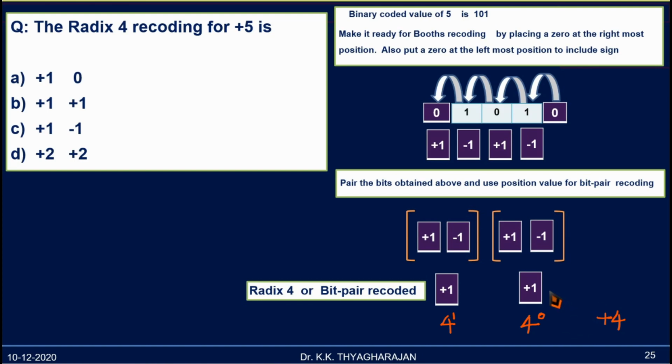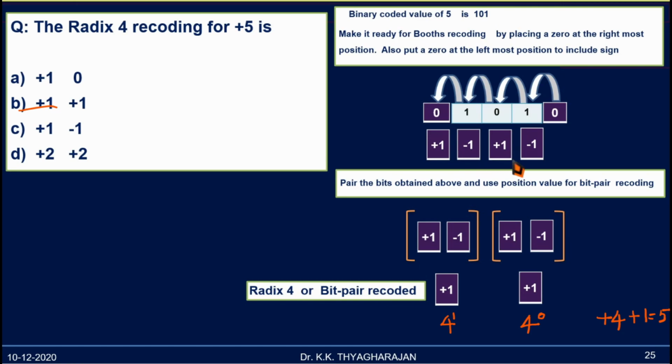And you have +1 here and the value for this position is 1. So 1 into 1, it is 1. So +4 +1 is equal to 5. So the recoding is correct. So the answer is +1 +1. That is, the correct answer is B.